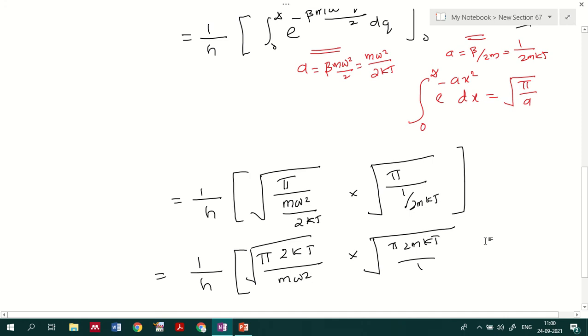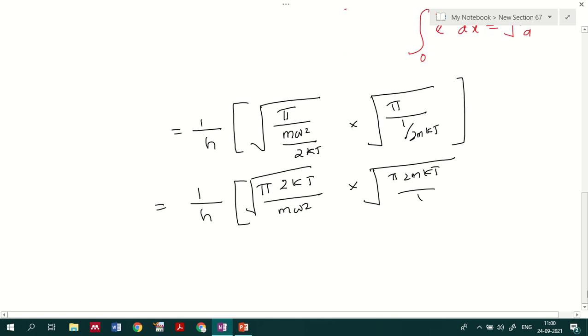And now if I proceed with this one, I can write the next step like this, that is 1 by h, the remaining will be pi 2 kt by omega.